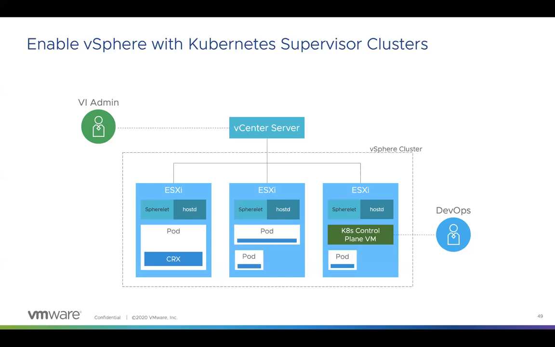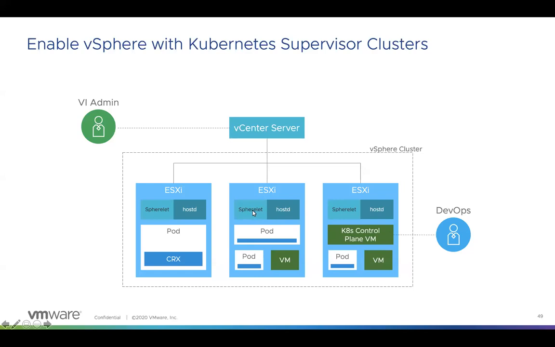So let me show you a short demo. If you look at it, this is what we are trying to do. This pod is a pod-based mechanism which allows you to manage a group of containers, a pod of containers. At the same time, you can have VMs also running on that. The Spherelet is our own customized version of Kubernetes. We customized Kubernetes and introduced something called the Spherelet over here.